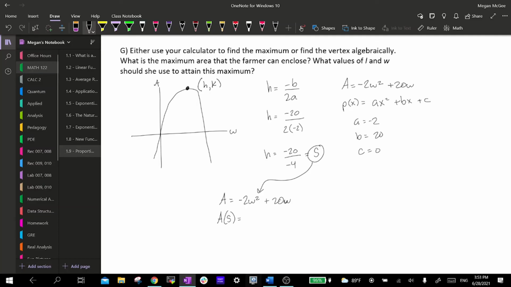So A of 5 is equal to negative 2 times 5 squared, which is 25, plus 20 times 5. So our area is equal to negative 2 times 25 plus 20 times 5, which is 100.